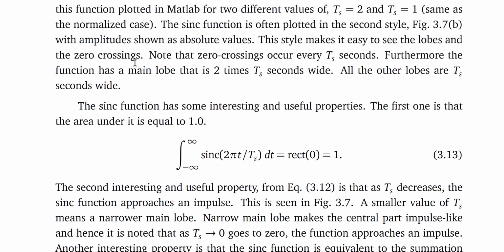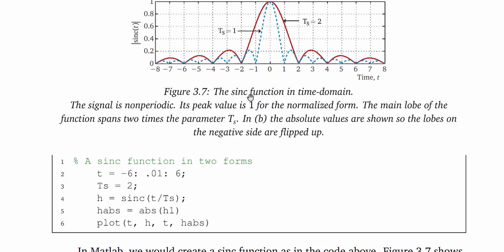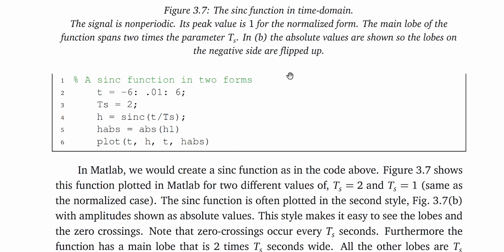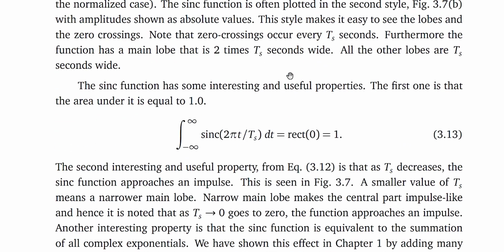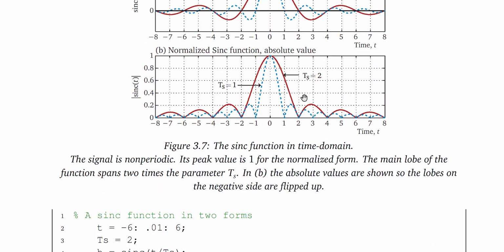Now, some of the useful and interesting properties that the Sinc function has is that it has an area of 1. A normalized function, you add it up, you get an area of 1. And the second interesting property is that as, let's go back to this picture, as this parameter TS decreases, gets smaller, the main lobe keeps getting narrower and narrower.